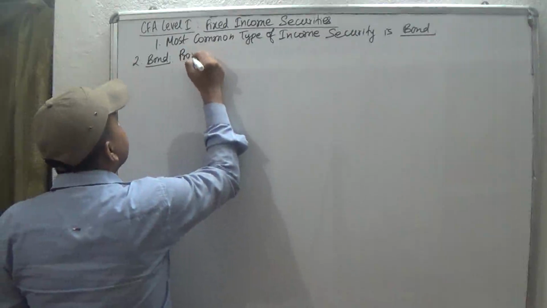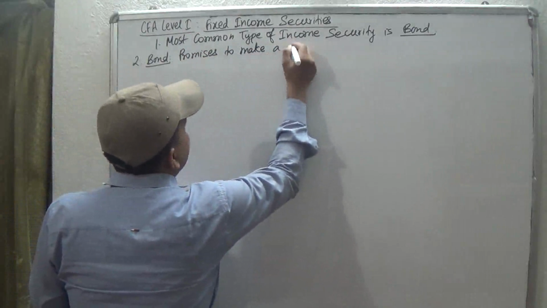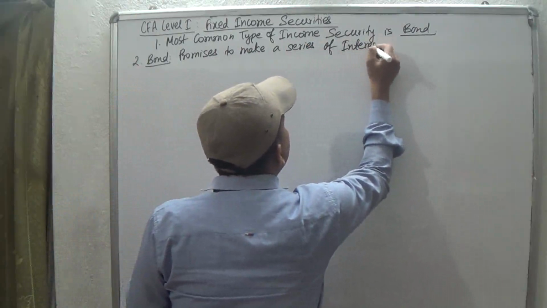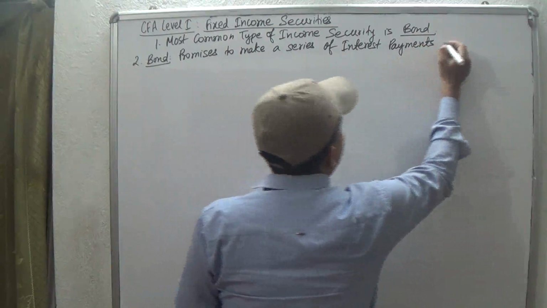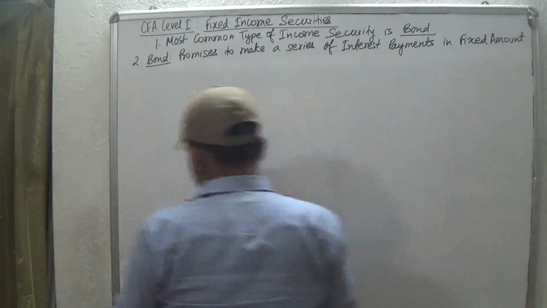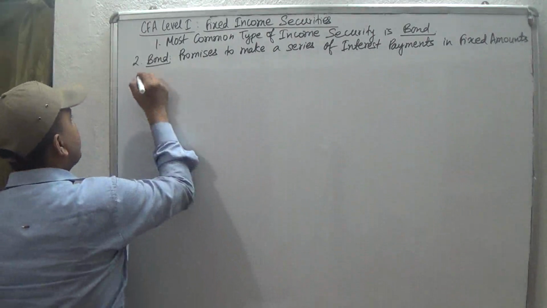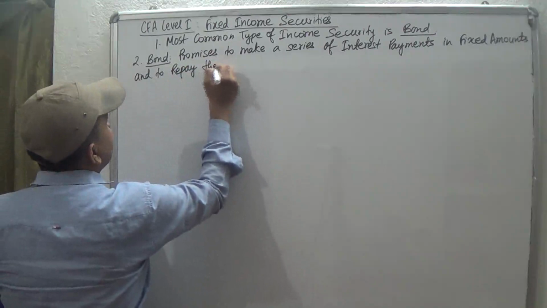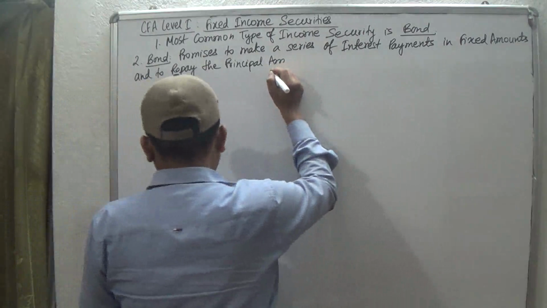So just write down: a bond promises to make a series of interest payments in fixed amounts and to repay the principal amount at maturity.